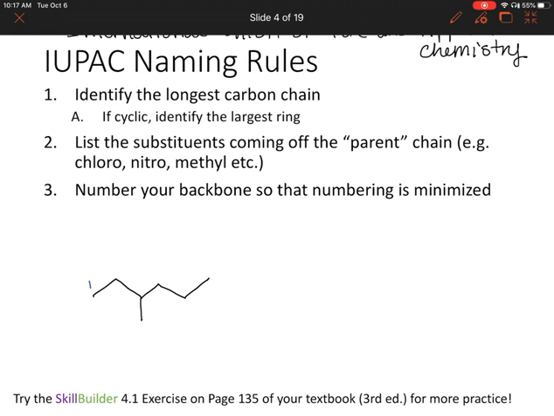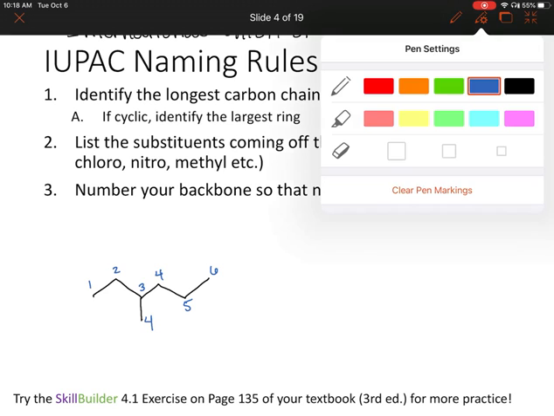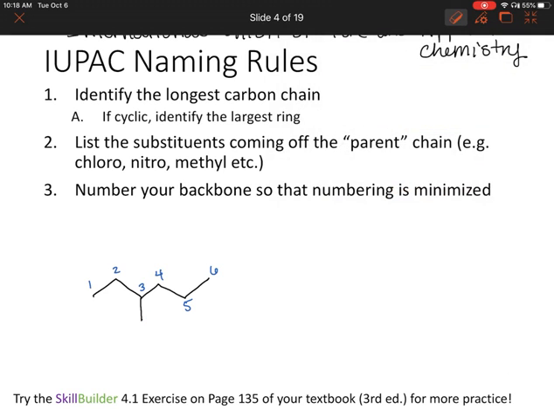We have 1, 2, 3, and then if I go down, that only gives me 4 carbons. But if I keep going, 4, 5, 6, that gives me more carbons. So that would be my longest carbon chain. So I'm going to erase the 4 down there. And so that is my parent chain.